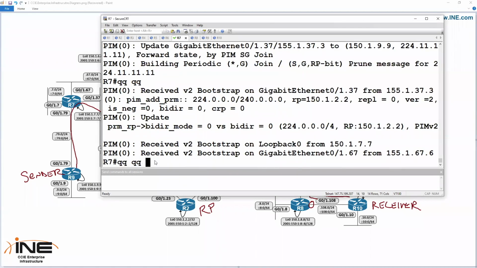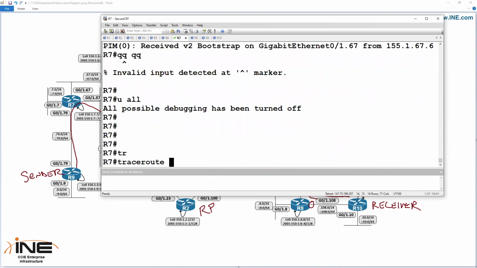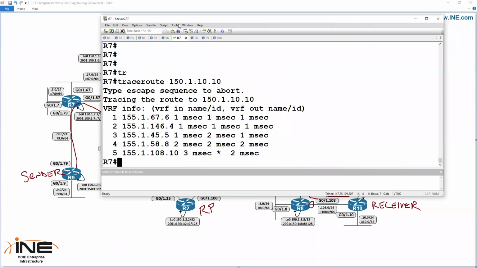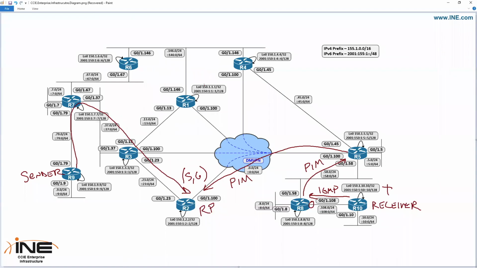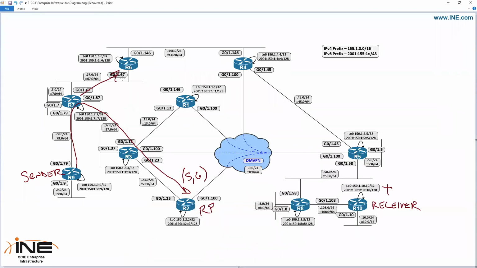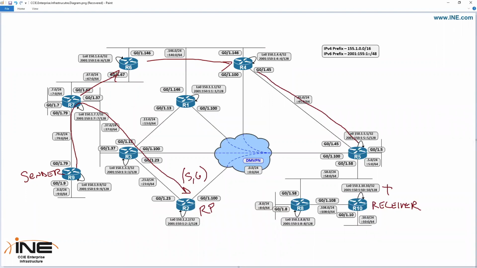Okay, so from router 7's point of view, if we do a trace route to 150.1.10.10, notice that we're not going over the DMVPN tunnel. We're going kind of a roundabout manner. We're going from 7 to 6 to 4 to 5 to 8 and then to 10.